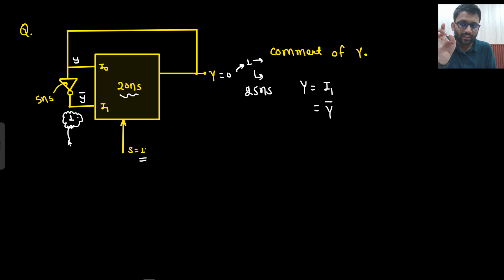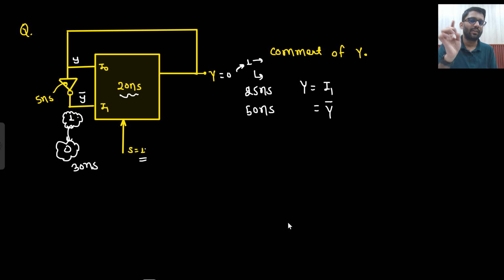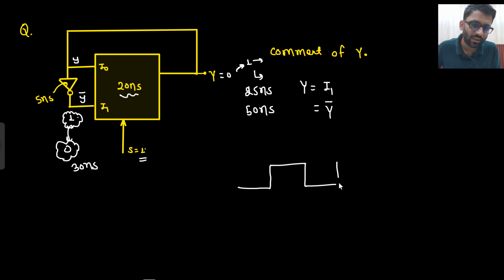At 30 nanoseconds, because 25 plus 5, this will become 0. And after 20 more nanoseconds, this 0 will come out. So for 25 nanoseconds there is 0, and for 25 nanoseconds there is 1. Then this cycle will keep on repeating.